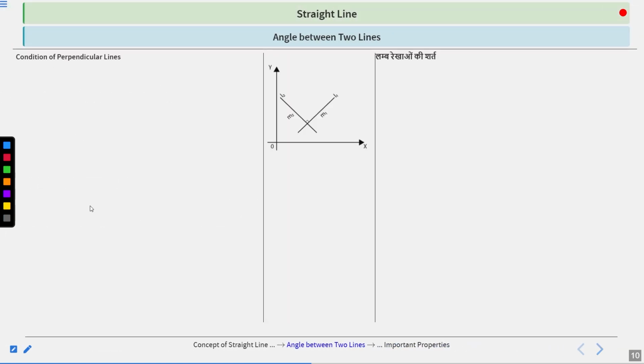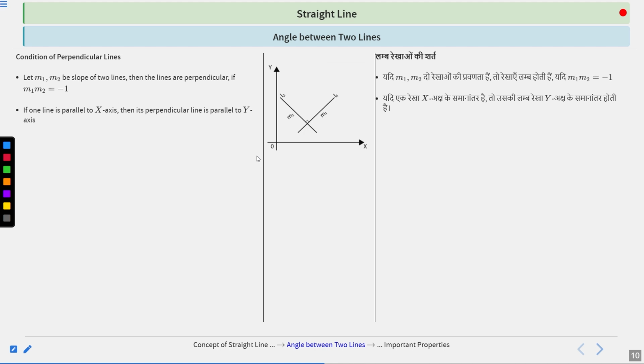Now, the condition of perpendicular lines. In the figure, you can see two lines which are perpendicular to each other. Let m1 and m2 be the slopes of the two lines. Then the lines are perpendicular if and only if m1 into m2 is equal to -1, that is, the product of the slopes of the two lines will be equal to -1.